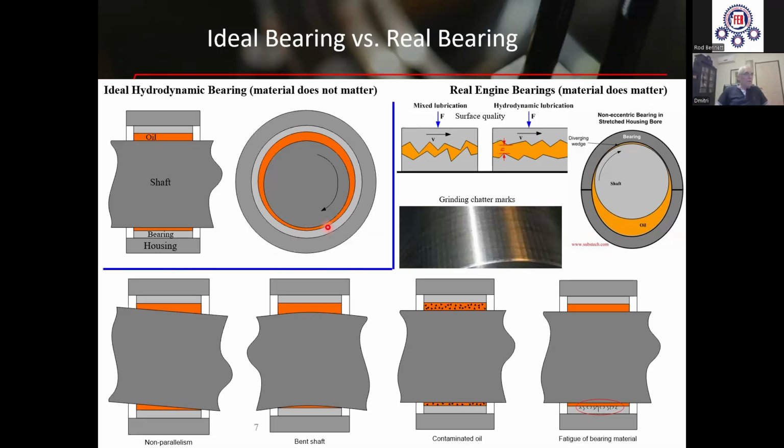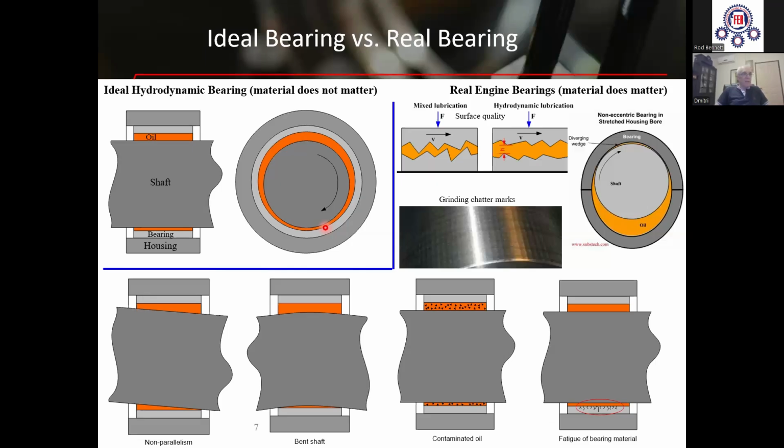So the engine bearing material may be just steel, because there is no contact between the bearing and shaft material in the ideal bearing. So there is no need to have anti-friction coatings and other anti-friction materials.